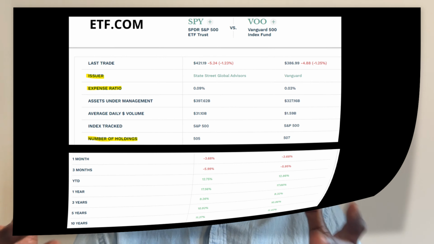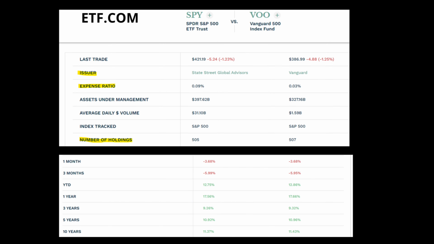So if you were to own this over the last 10 years, you look at the performance and you can see that your money would have grown 11%, 10%, 9% for the last 10, 5, and 3 years. Now, historically, the S&P 500 on a compounded annual basis has provided anywhere between 8 to sometimes 12%.